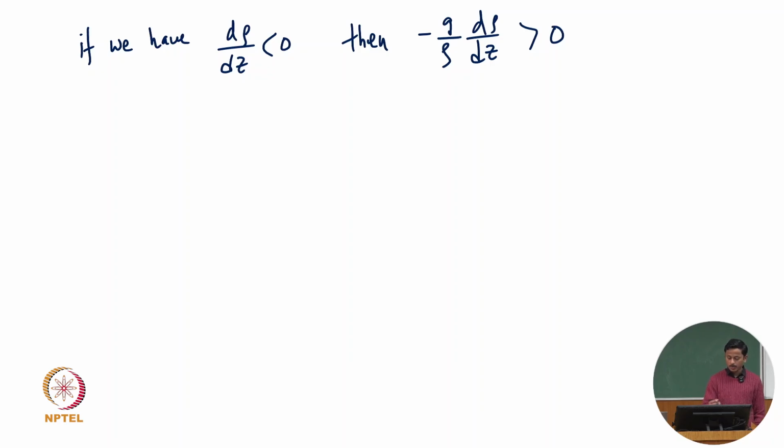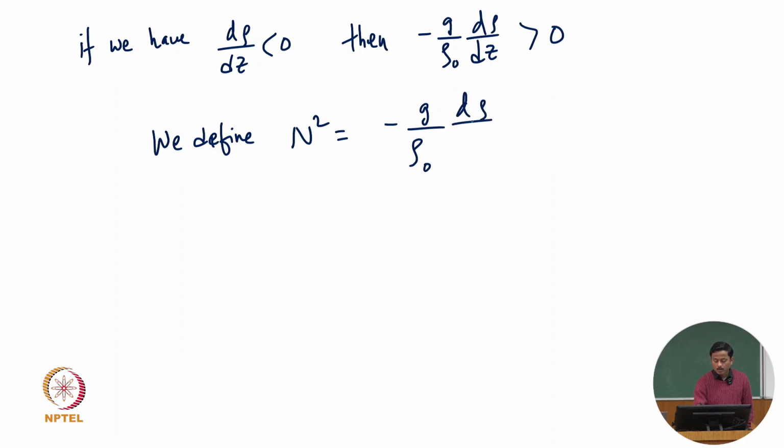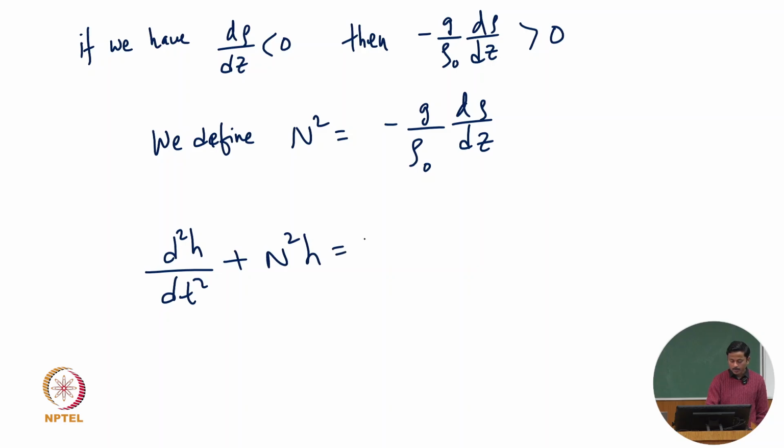There is a negative sign in front of it since dρ/dz is negative. So we define a variable N² as minus g/ρ₀ dρ/dz. This is a quantity that we are defining. Hence the equation of motion simplifies to d²h/dt² plus N²h equal to 0.